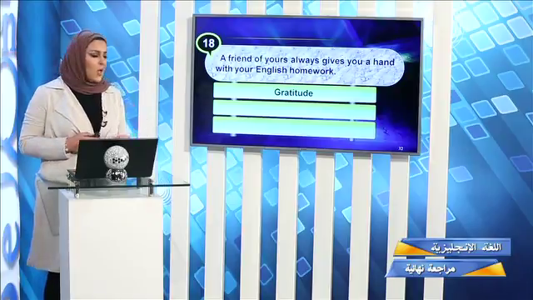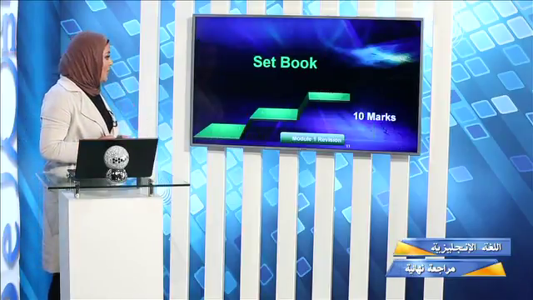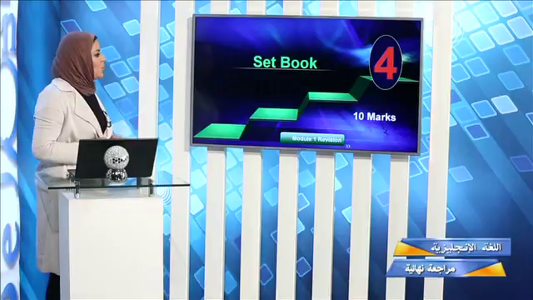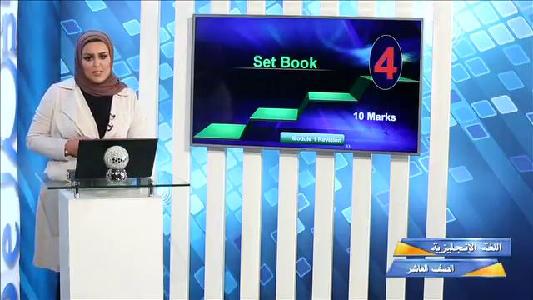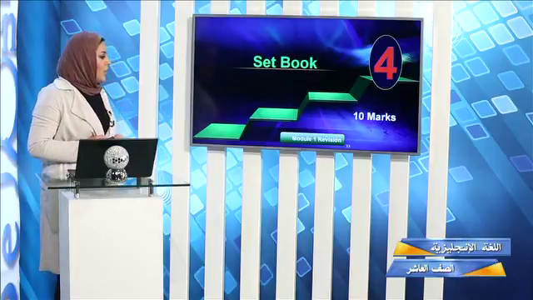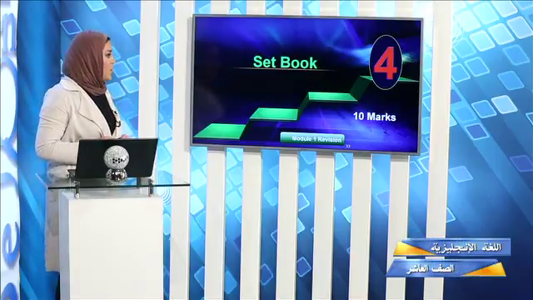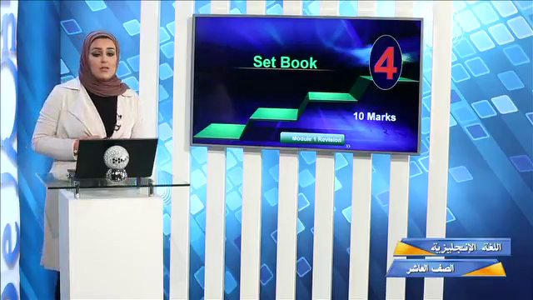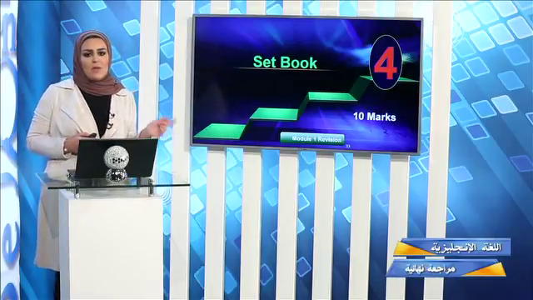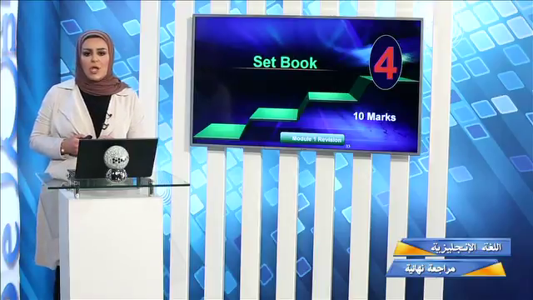So we are done with the function, and now we are going to move to the 4th section of the exam, which is the set book. You're going to have 10 marks for the set book, and of course the set book is always taken from the first module in your book.